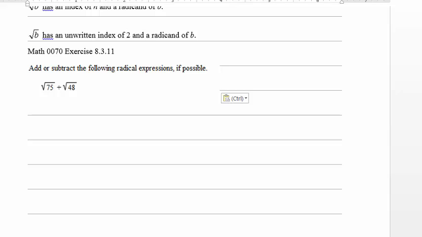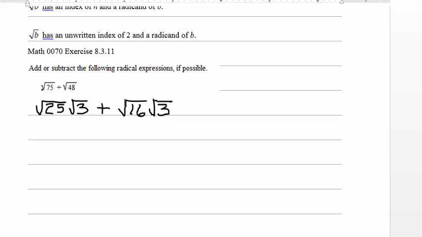Okay, so the square root of 75 can be written as the square root of 25 times the square root of 3. The square root of 48 can be written as the square root of 16 times the square root of 3.